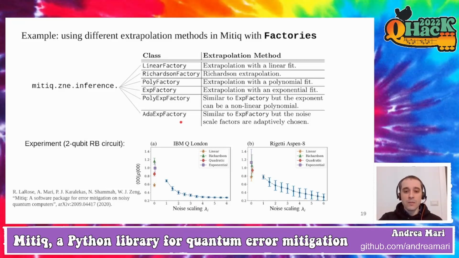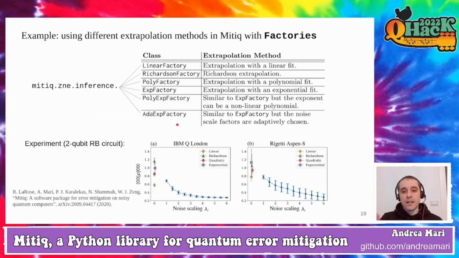And these are all built in Mitiq, but you could also define your custom extrapolation method. And basically, the extrapolation method is summarized by an object that we call factories. And maybe later I will show you how to use those.